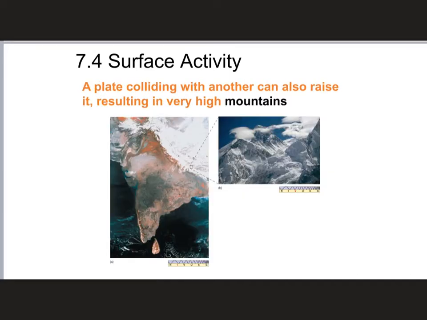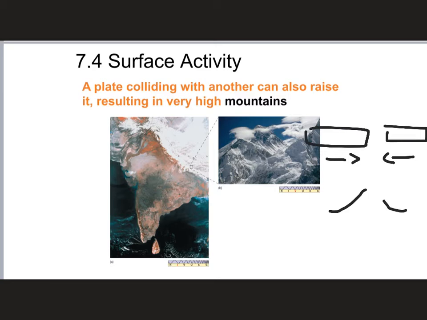Now, the opposite process can occur when two plates come together. You can imagine as these plates start to push together, they could actually push in such a way that instead of one slipping under the other, they both kind of rise up as they cram together. And that creates a process called uplift.